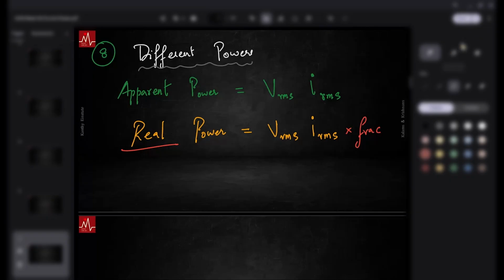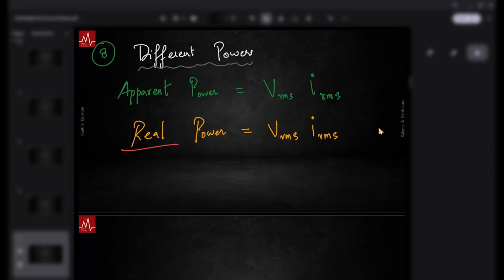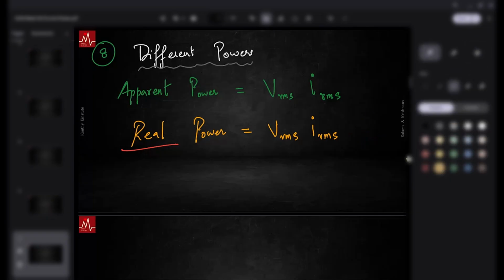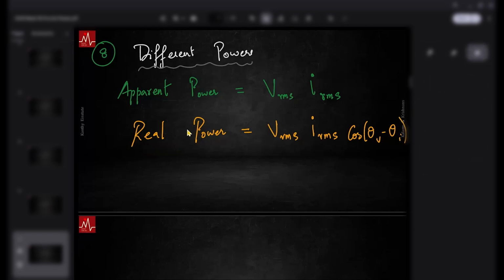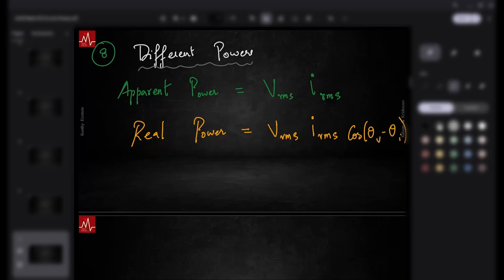What a wattmeter measures, of course, the best function we have for a fraction is cosine, a number between -1 and 1. It's a real power. This is what your wattmeter would read.